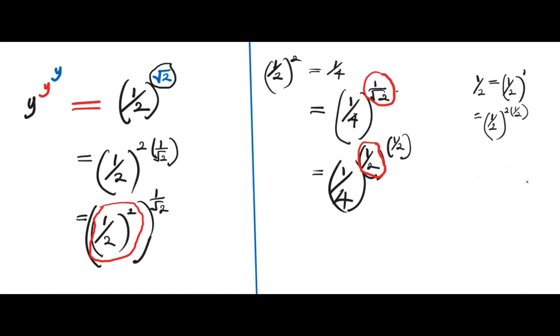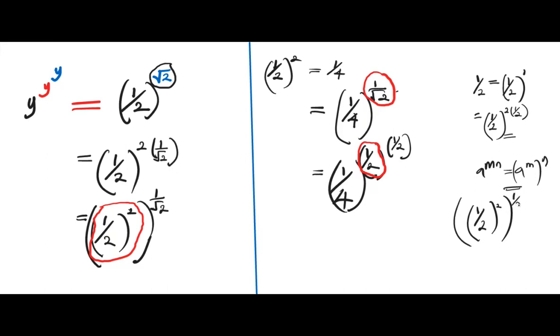Now from the identity that we used before, we have a raised to the power mn equals a raised to the power m raised to the power of n. Okay, if we apply this identity here, we're gonna have 1 over 2 raised to the power of 2 raised to the power of 1 over 2.